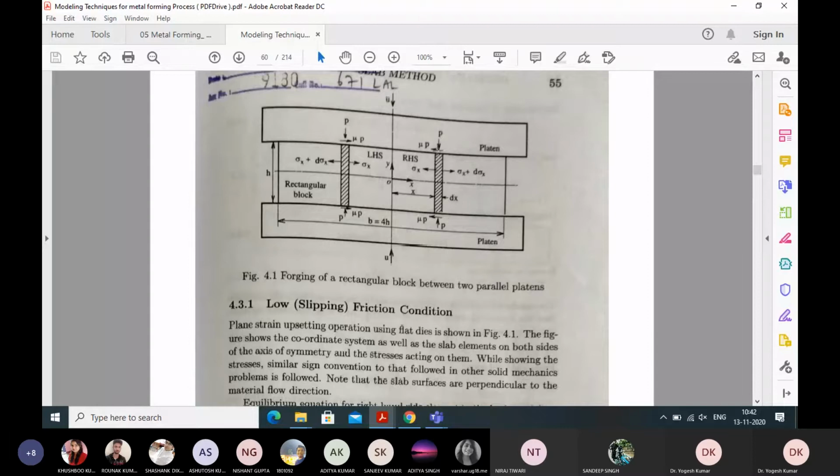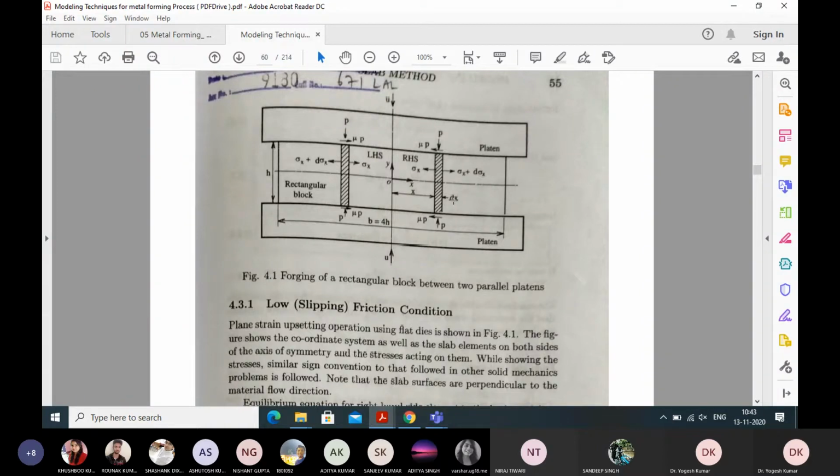Here you can see there is a small strip of thickness dx. The length will be equal to the width of the workpiece, that is W. So dx is the strip thickness, W is the length, and the height of this strip will be h, the height of the rectangular block.